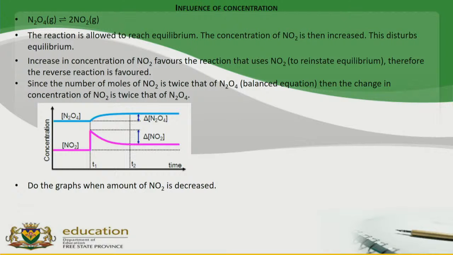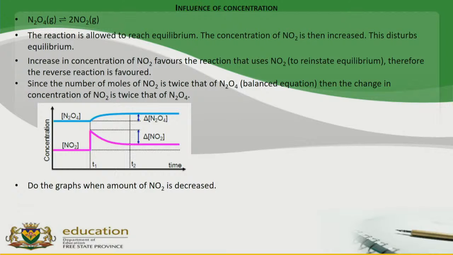So in this case, the number of moles of NO2 is twice the number of moles of N2O4, meaning the change of NO2 will be twice the change of N2O4. So this decrease in NO2 will be twice as much as the increase in N2O4 because of the number of moles of the two.